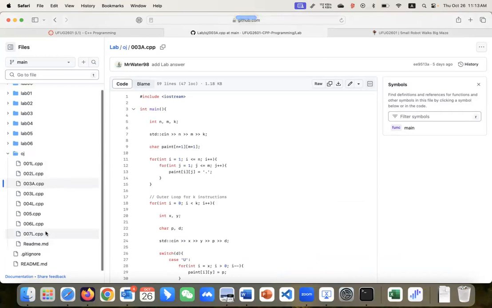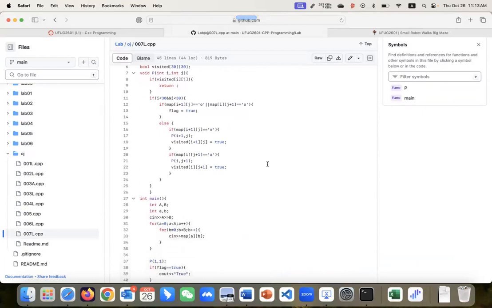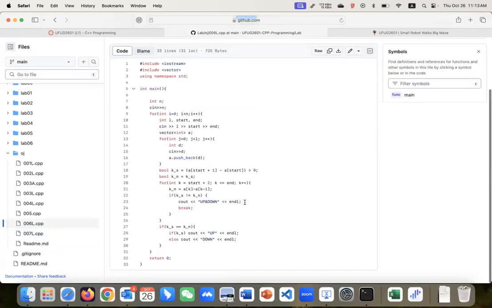Like the maze. Actually, I don't like the style they write, but the function I believe is correct. So they have almost everything that's needed. That's the answer for that.